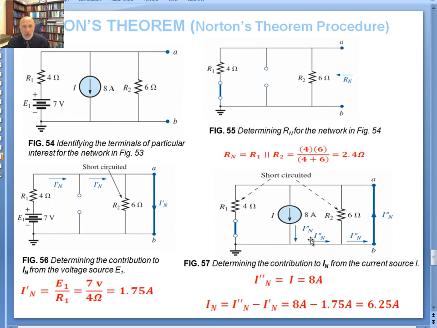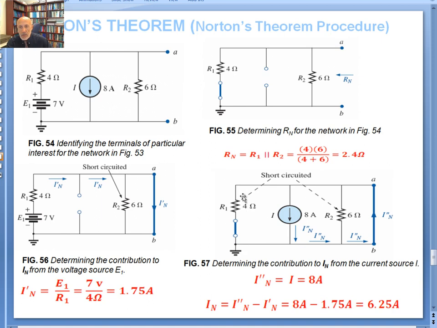So we put a short circuit here, and the polarity here, of course, would be plus or minus. That's I sub n prime going from A to B. And for the contribution of 8 amps, the current is coming in, and it's going to split up between these two. That one is shorted. This one is shorted as well. Please pay attention to that. The current is coming in here.